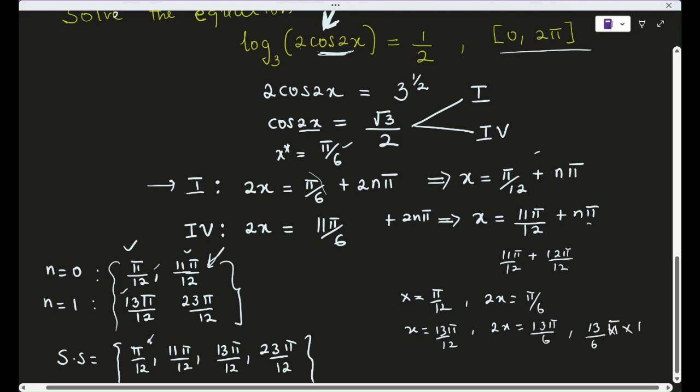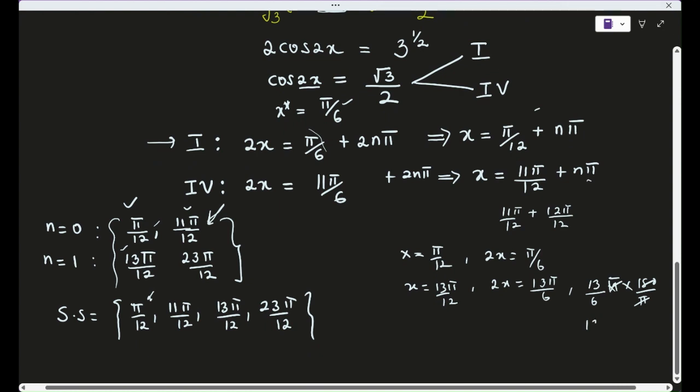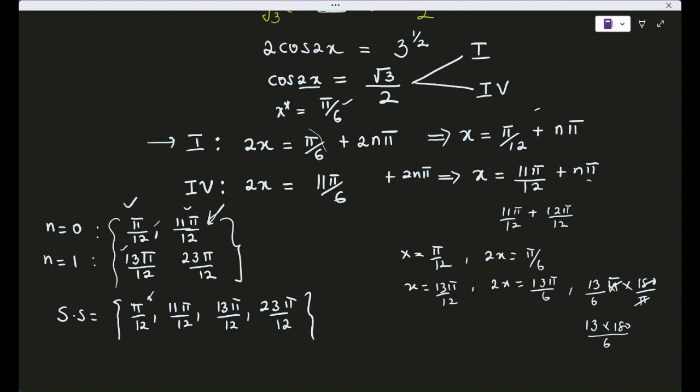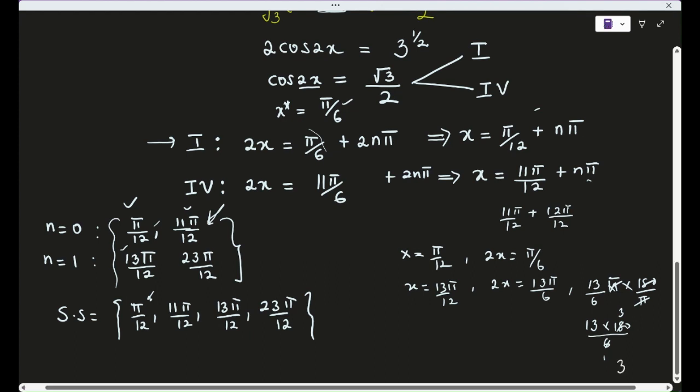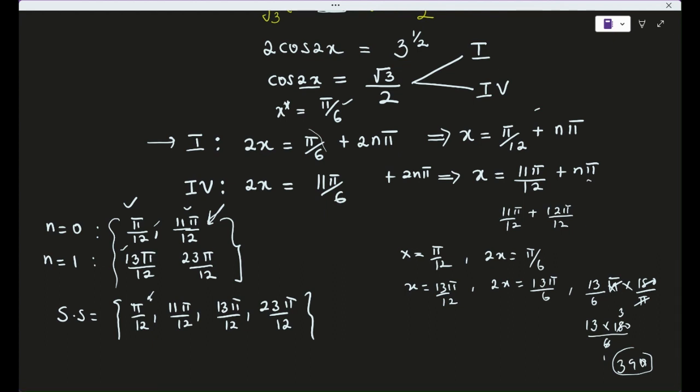You multiply by 180 divided by pi, so pi will go with pi. And you just have 13 times 180 divided by 6. So 180 divided by 6 is 30. So we're left with 13 times 30, which should give us 390, right? But 390 is bigger than 360. So by the time you remove 360, you will see that it's in quadrant 1 as well.